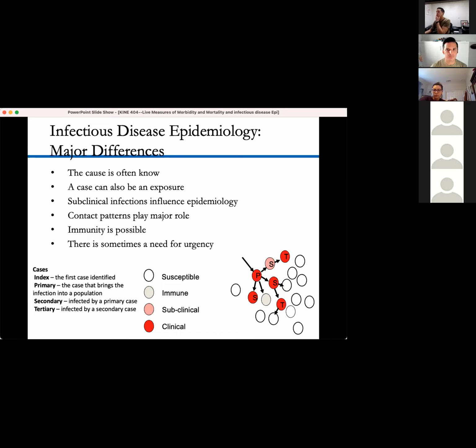What is also unique with infectious disease epidemiology is that a person who is a case, so you've been infected with a virus or bacteria, now becomes an exposure. So if I get the flu, and now I come into contact with other people, and you can see this on the bottom here, if I'm the primary case, the P, then I can expose other people to that pathogen, or that disease-causing agent, and then they can become infected.